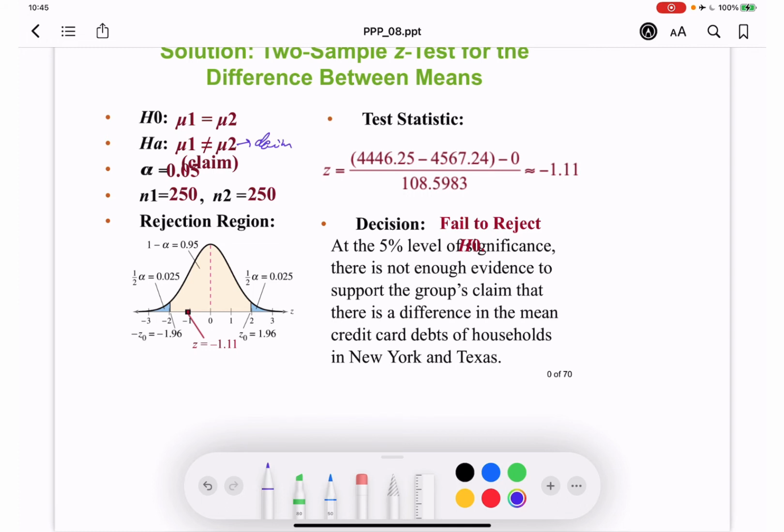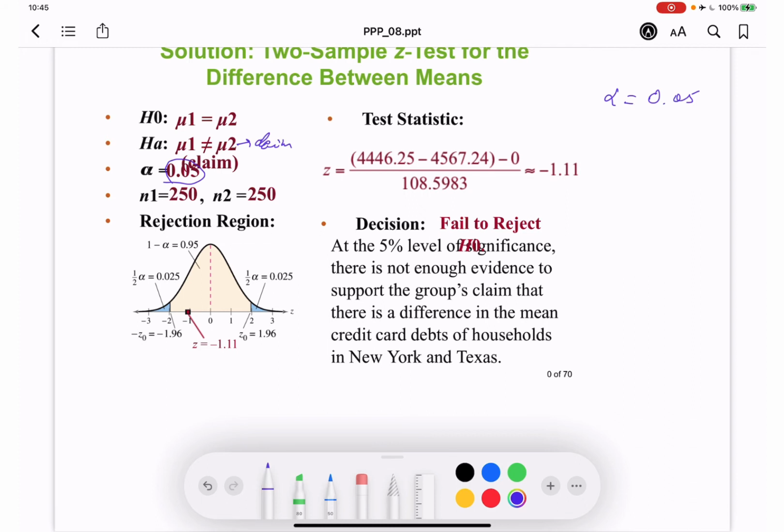Alpha is 0.05, and the sample size is the same. So we need to see if we reject the null hypothesis or fail to reject. The z-score, remember what we said?